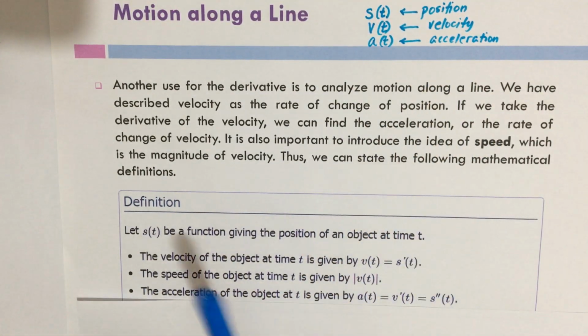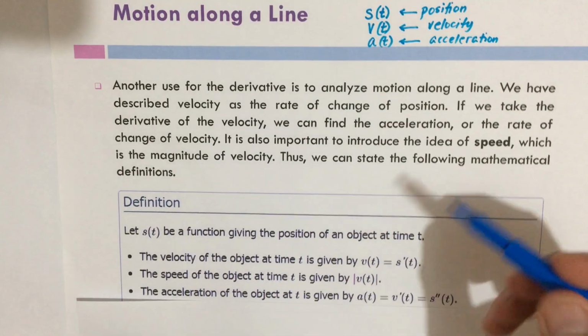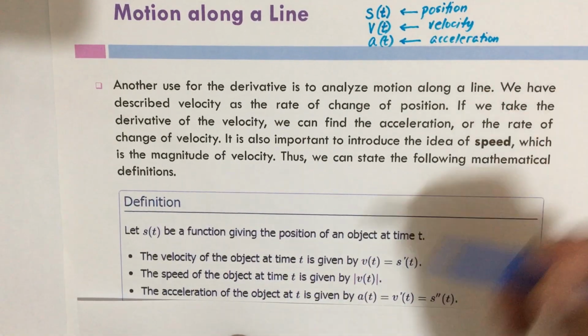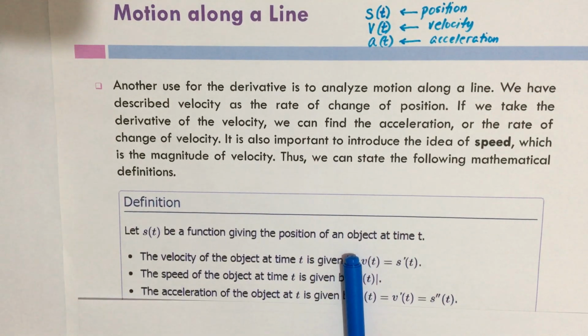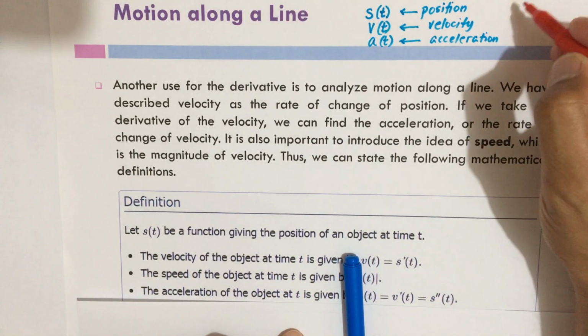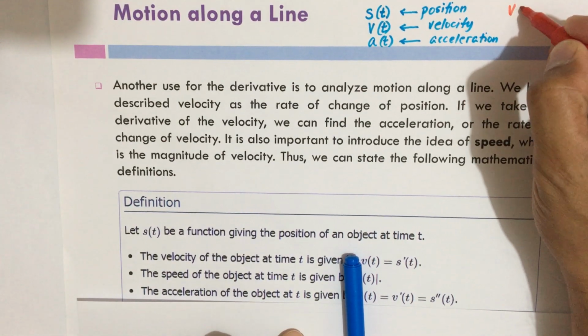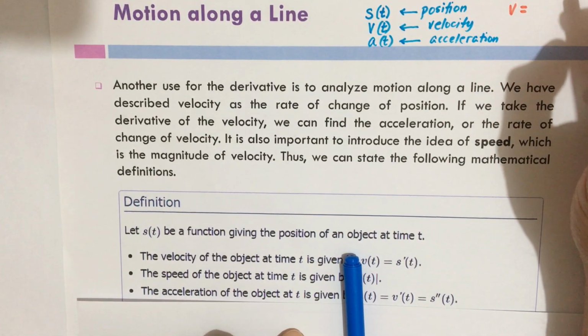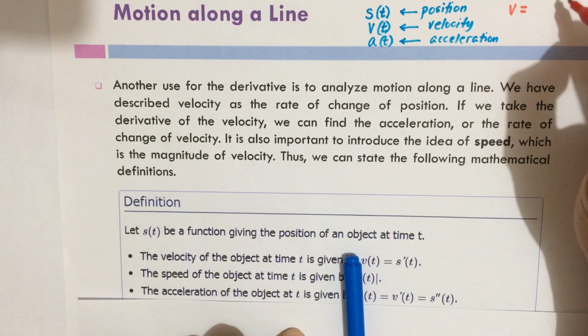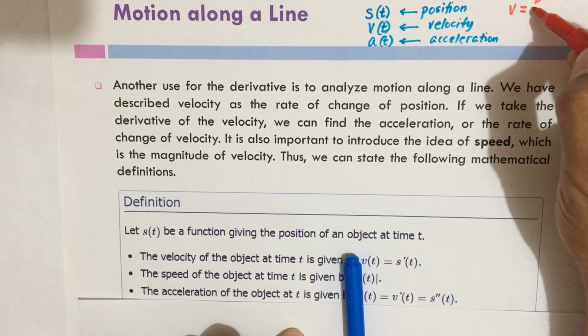Another thing that we need to remember is the established formula about velocity, distance, and time. That we have the velocity is equal to distance over time.